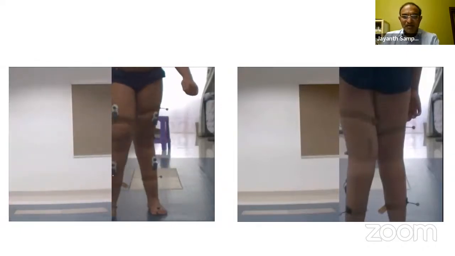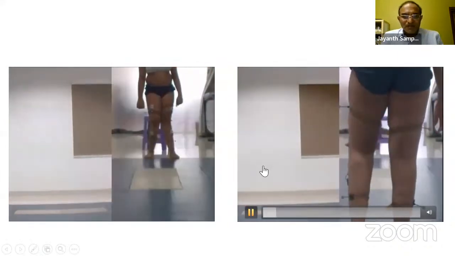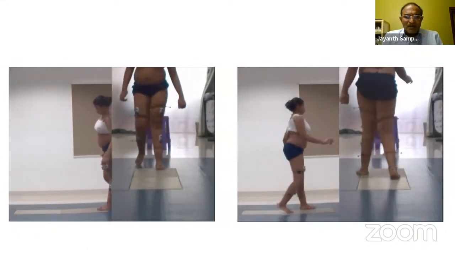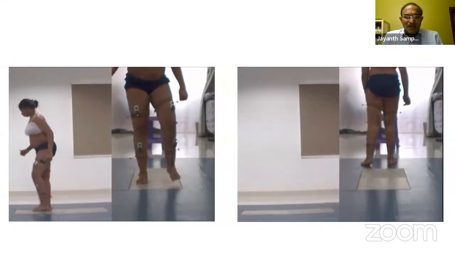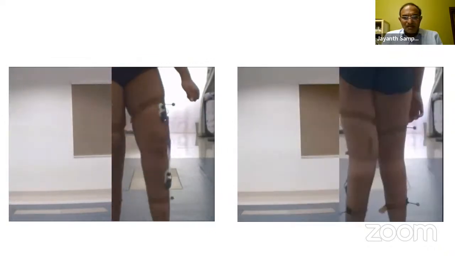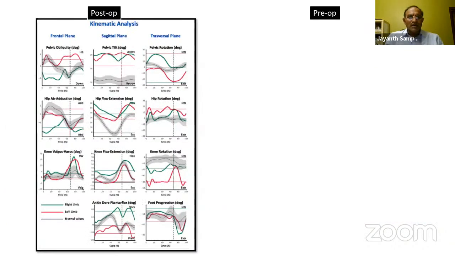But you can see that her transverse plane problems are corrected. You can see that the hemipelvic retraction on the left side is also significantly improved, and her foot progression angle is much better. So we will look at her pre-op.